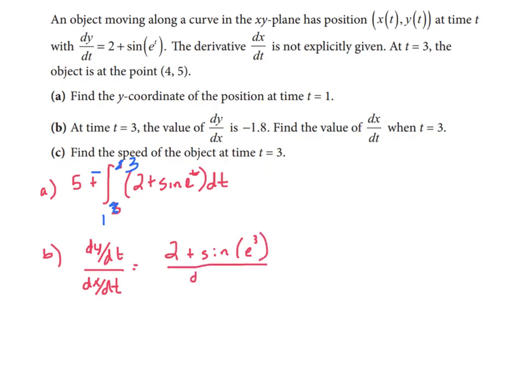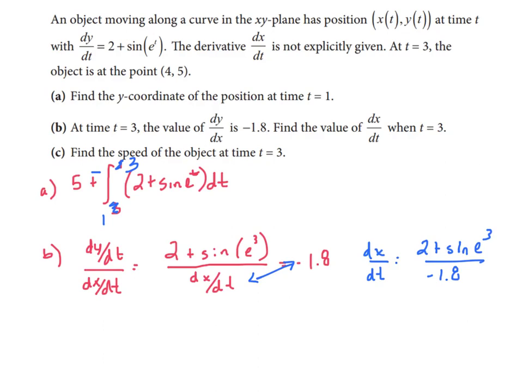And I know this whole thing is negative 1.8. I could cross multiply, and then I would solve for dx/dt. So dx/dt would be equal to 2 plus sine of e cubed over negative 1.8. And you type that in and figure out what dx/dt is.